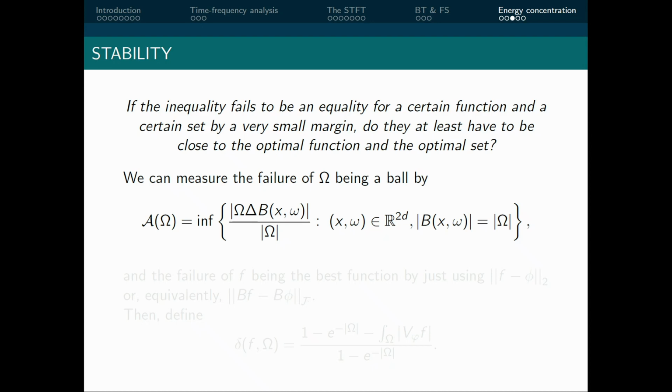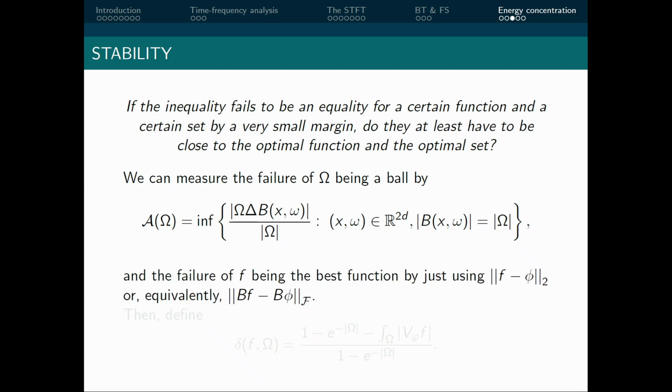And this is the failure of omega being a ball. And now for the function, you can just use the L2 norm of the function. You have an infimum here, but you would take the best phi that approximates f by just moving it around. Or you could take the Bargmann transform norm since it's the same.